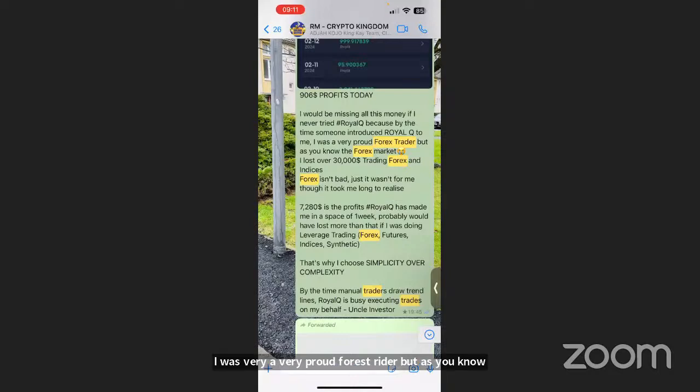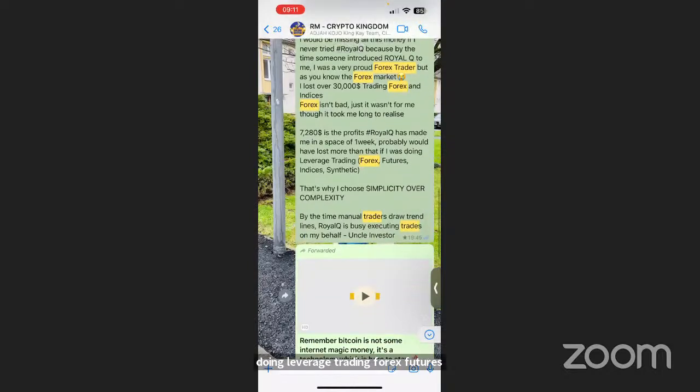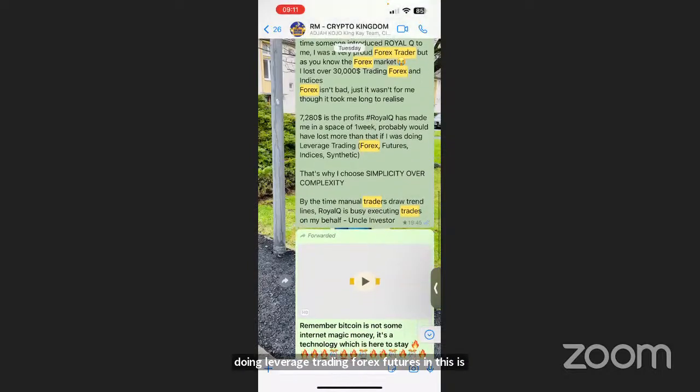Forex isn't bad, just that it wasn't for me, though it took long for me to realize. $7,280 is the profit Royalq has made me in the space of 1 week. I probably would have lost more than that if I was doing leverage trading, forex, futures, indices, synthetic. That's why I choose simplicity over complexity. By the time manual traders draw trend lines, Royalq is busy executing trades on my behalf.